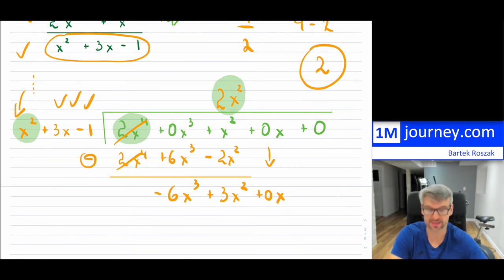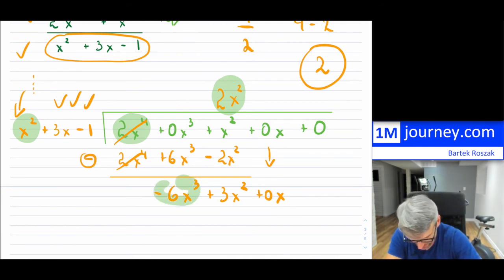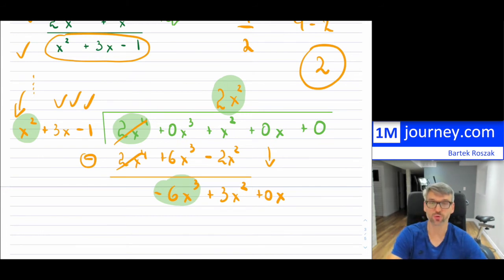So now, what do I do next? Well, the process is exactly the same as before. I want to cancel off this negative 6x cubed. So what should I put next there? Negative 6, and it's going to be x.